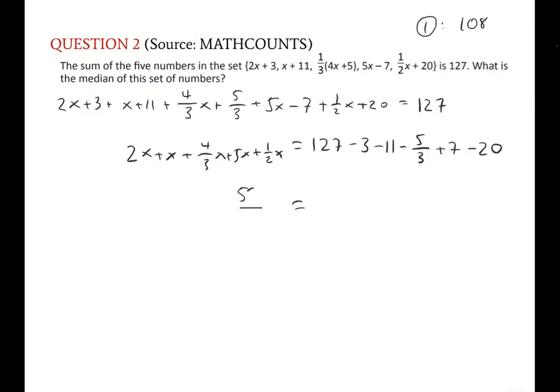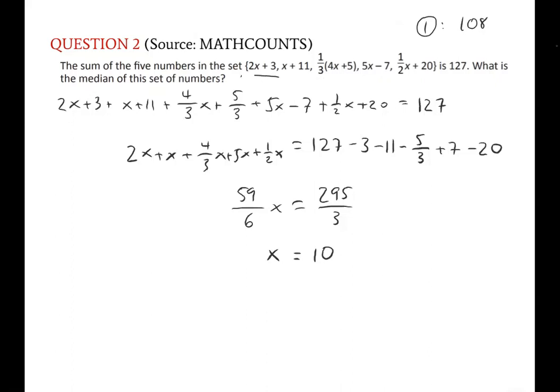If you add those all up, you'll end up with 59 over 6x, and then if you subtract and add all of this other stuff, we'll get the other side to be equal to 295 over 3. If we solve for x, we'll find that x is equal to 10. And now we can plug 10 into all these numbers.